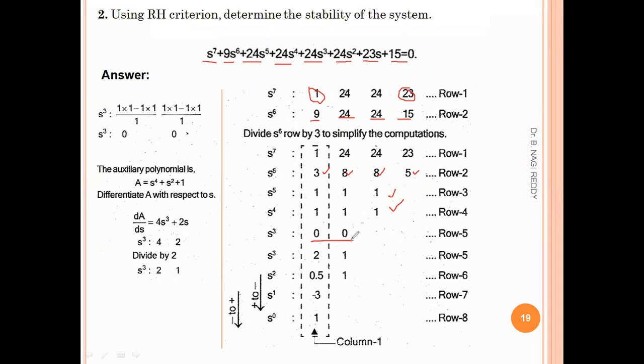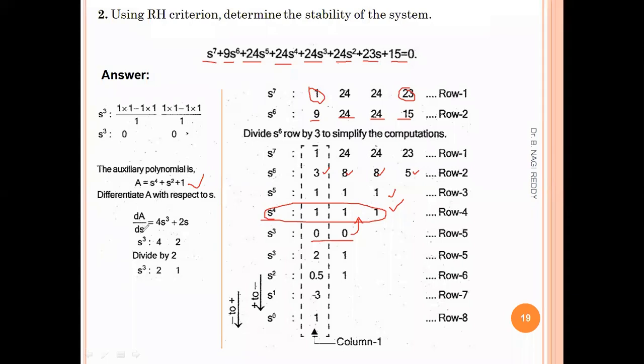Now the S cube row has all zeros, so we need to write the auxiliary equation for this case. The auxiliary equation is written from the row just above the zeros row, which is the S power 4 row. This is the S power 4 term, this is the S square term, and this is the S power 0 term. So the auxiliary equation will be S power 4 plus S square plus 1.